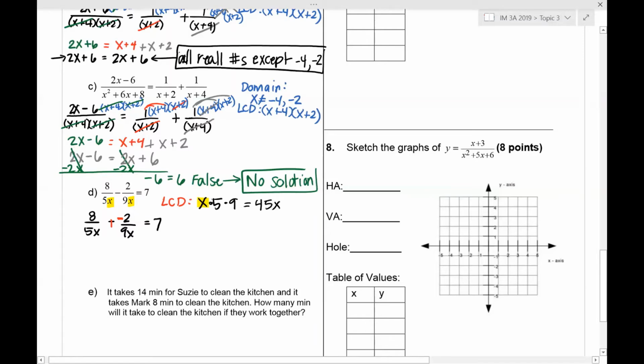That means that since I have an x in the denominator, if I take my common denominator and look at the restriction, that tells me that for my domain, x just can't be 0, because 45 times 0 is 0, 5 times 0 is 0, 9 times 0 is 0. So I'm going to take and multiply the numerator of each one by my LCD, which is 45x.